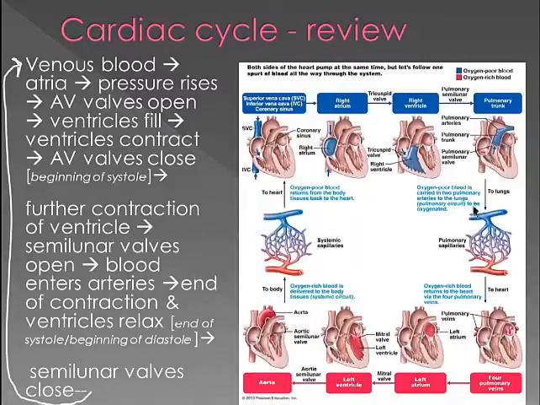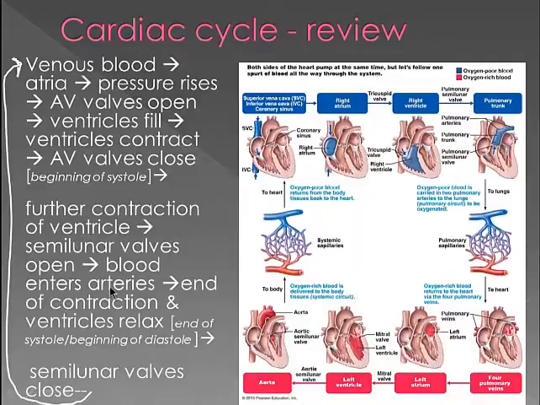So if you follow this same image, you can see venous blood first returns to the atria, the AV valves will open, the ventricles fill with blood, and once the ventricles fill with blood, the ventricles will contract, and the AV valves will close first because you want to close off the AV valves, and then further contraction of the ventricles pushes the blood through the semilunar valves, which it opens, and it goes into the arteries.